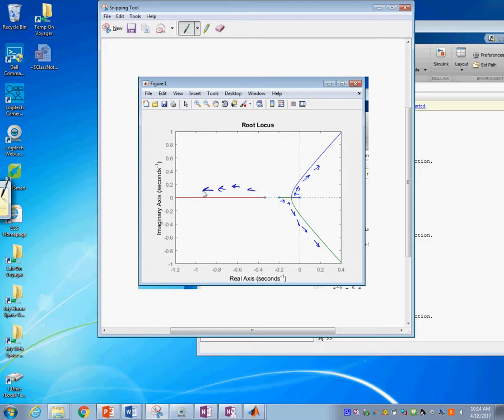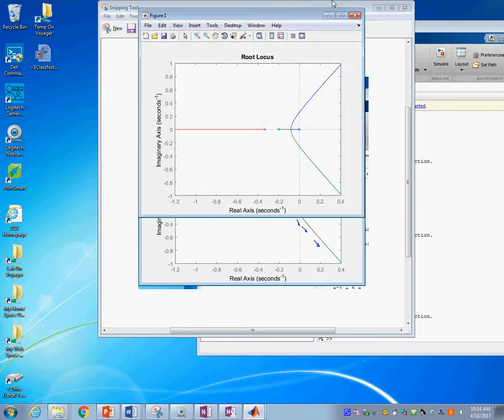So you see, what Evans' root locus method gives us is the ability to track down where the poles go as k changes, and to determine where the system would go unstable. Now, to make that test, you have the ability to click.